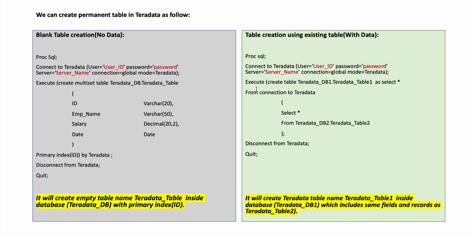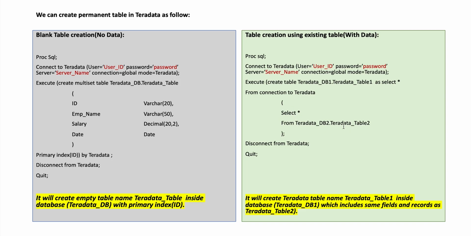Then execute create table, table name Teradata table 1, which is inside the Teradata DB1 database, and select all information after connecting to Teradata, whatever we select information from Teradata table 2.